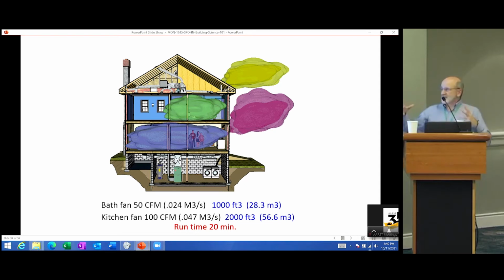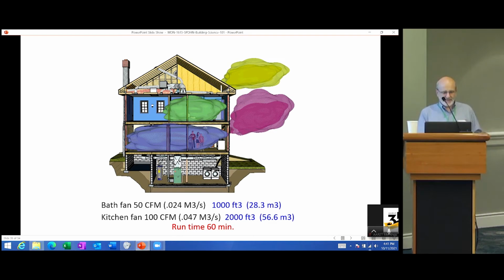So just to give you a visualization of how running these mechanical devices, if you let them run too long beyond their point of function, you can start to affect the indoor climate, both from energy, comfort, and a health perspective.